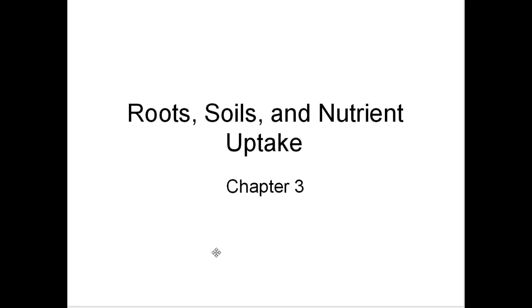Okay, I think this is the first one. Was it mineral nutrition, or nutrient uptake, I think, was the first one. Any questions about nutrient uptake? Any questions about nutrient uptake?